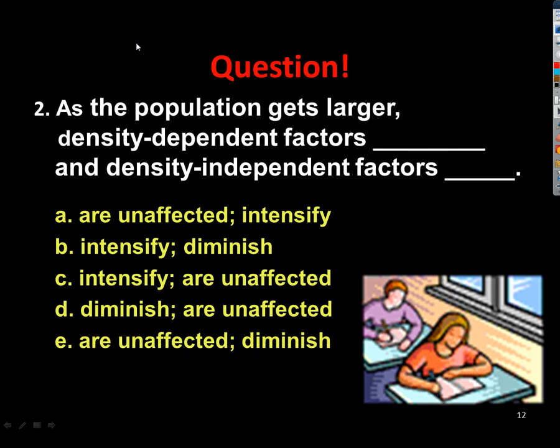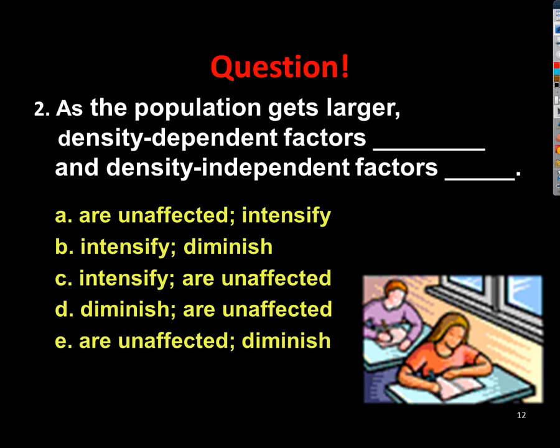As the population gets larger, density dependent factors are blank and density independent factors are blank. We would say that as the population gets larger, our density dependent factors, first of all, would we say they are unaffected? So we can take A and E out. Now, would they diminish?